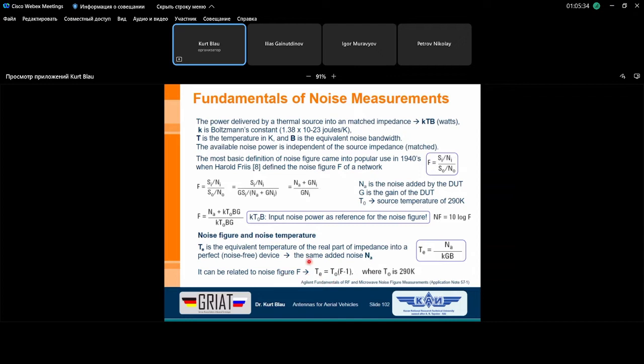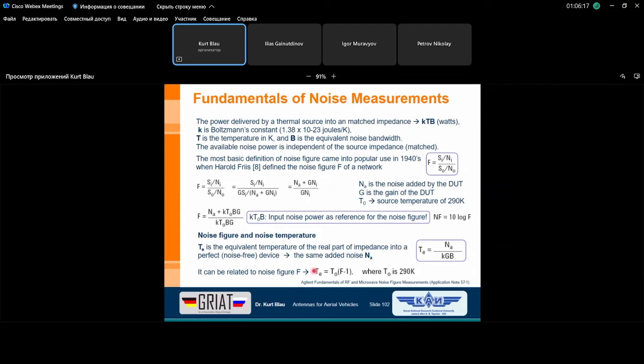We can say, if we can increase the temperature of our source real part to such a value that we can ensure the same noise figure regarding its formula here, related to the 290-degree environmental temperature or reference temperature, then we have found an equivalent temperature of the real part of our source impedance, so that at the output of our device under test we have the same noise relations.